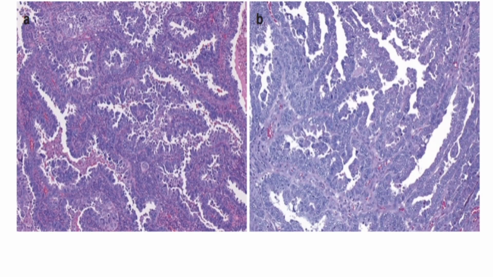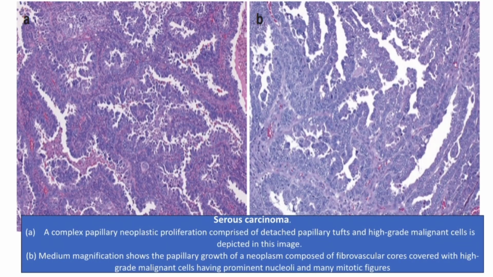Now here we can see these are complex papillary fragments, and here is the fibrovascular core, and here you can see these slit-like spaces. So this is a complex papillary neoplastic proliferation, some having detached papillary tufts, and it has high grade malignant nuclear features.